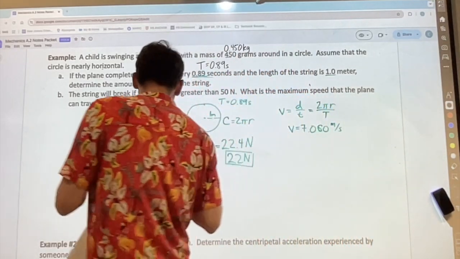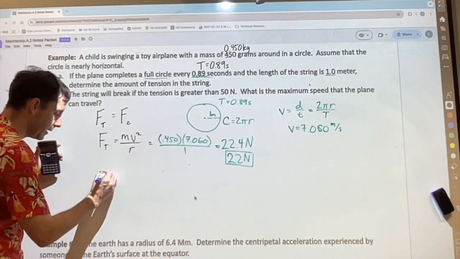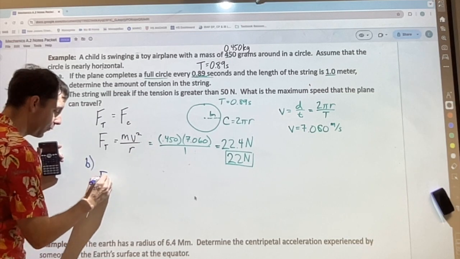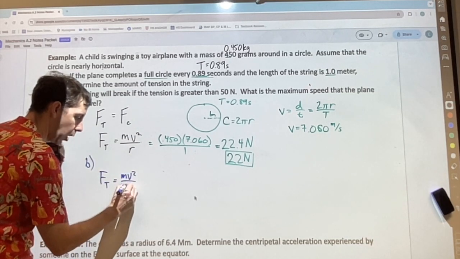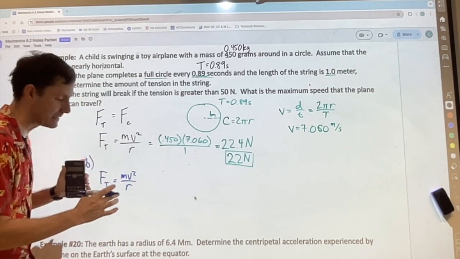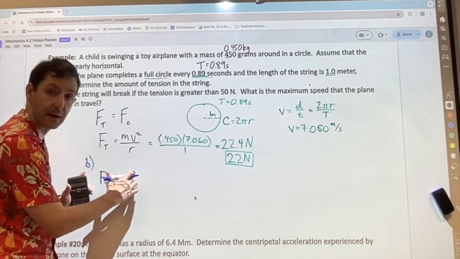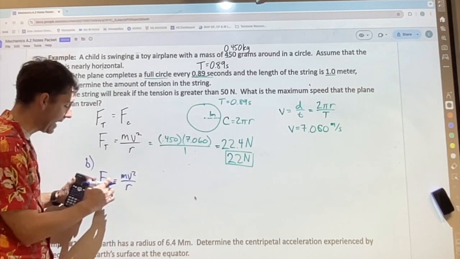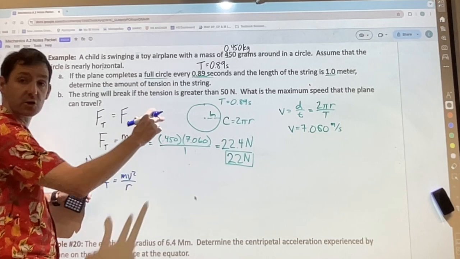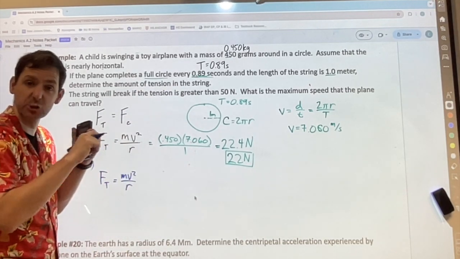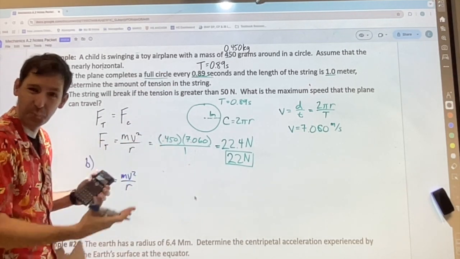And so I'm still going to have this idea of, this is part B, the force of tension is going to equal mv squared over r. So what I want to find is the biggest speed that my plane can travel and yet not go over 50 newtons. If I go over 50 newtons, there's too much tension, the string's too tight, and the string will break.